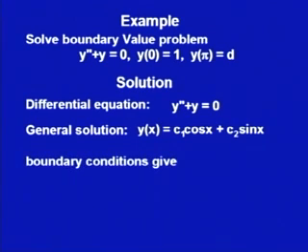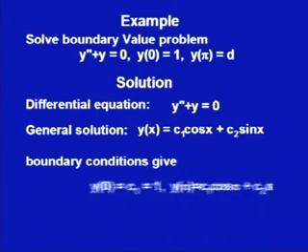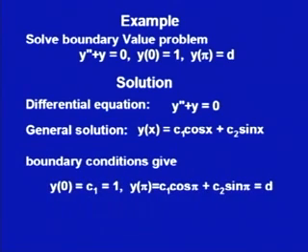So, put x is equal to 0 in this general solution, we would get y at 0 as C1, and that is given as 1. So, we have got from the first condition C1 as 1. When I put x is equal to pi in this solution, we get y at pi is equal to C1 cos pi plus C2 sin pi, and the given condition says it should be equal to d.